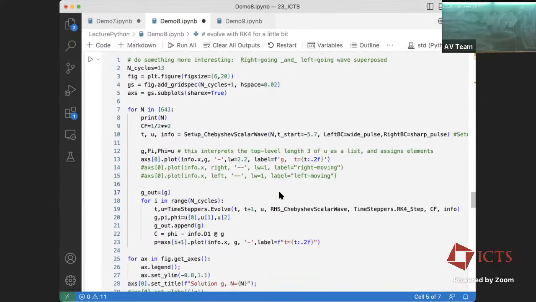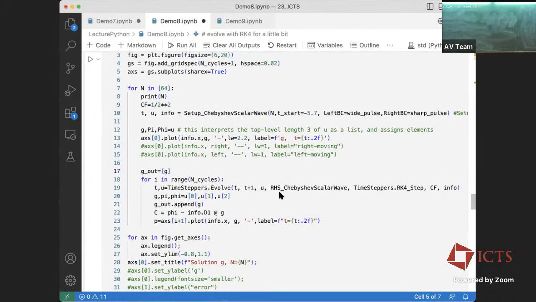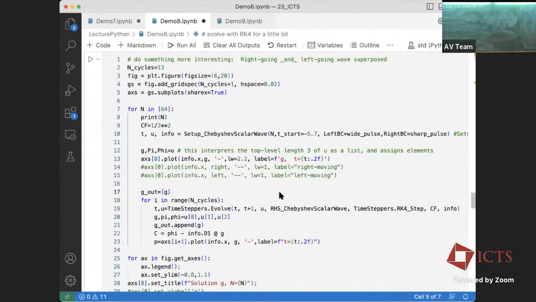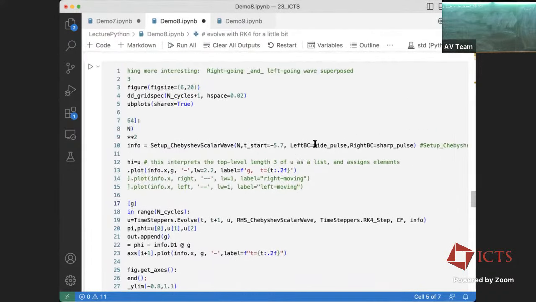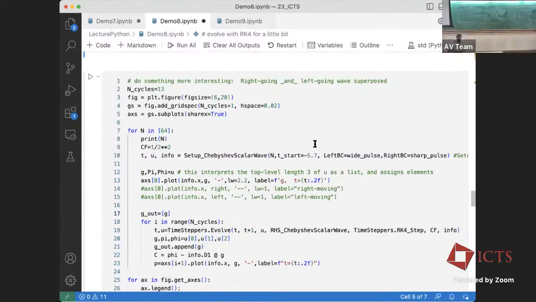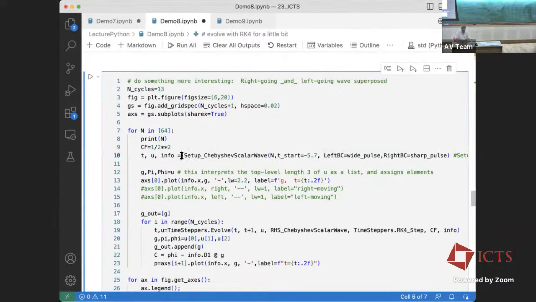And in this next example, I'm actually confused how these examples work. I shouldn't have to say this, but I do. So let me see. I have a function called setup Chebyshev scalar wave. It takes a resolution, perfect. It takes a starting time, perfect.